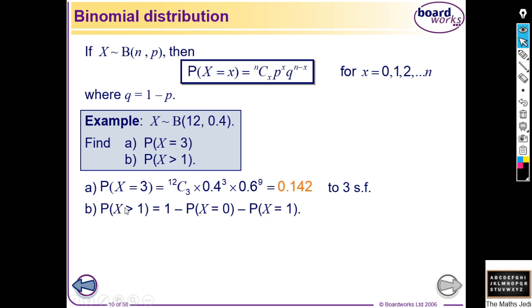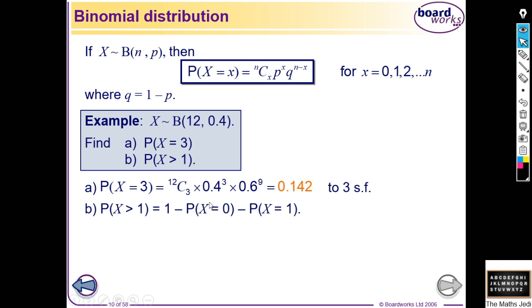For more than one, you have to be very careful just to use the best judgment that you can. Because this is an infinite set, you have to be careful about how you're doing these particular calculations with inequalities. It's easier, for example, because they're mutually exclusive events, to look at the probability of 0 and the probability of 1, add those up and take them away from 1. So what's happening here is that's exactly what they're doing.